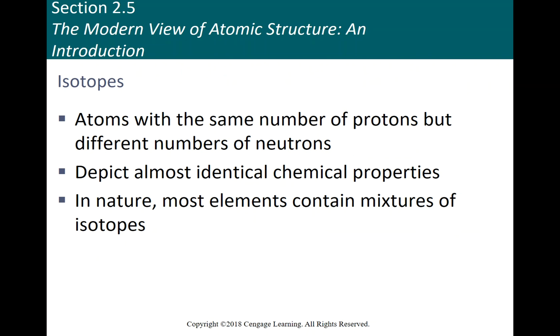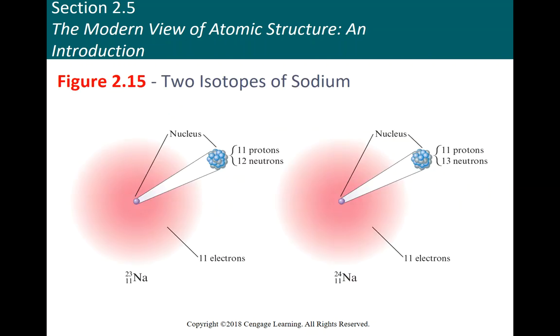In order to be a specific atom, in order to give it its identity, an atom will have a specific number of protons. So for example, if an atom has 1 proton, it is hydrogen. If an atom has 2 protons, it is helium. And so protons give its identity. But we do have something in the nucleus that can cause one type of atom to be different from another atom of the same element, and that is the number of neutrons, and that gives us our isotopes.